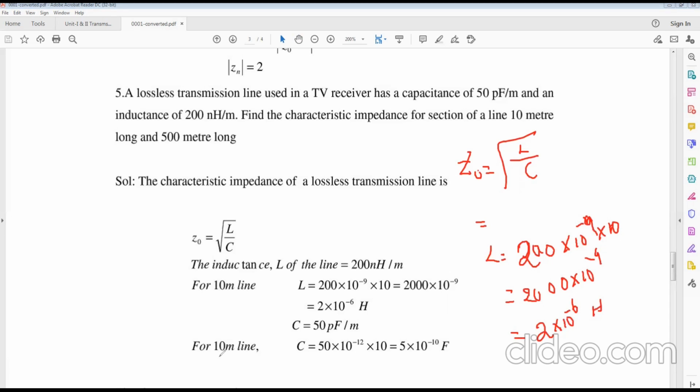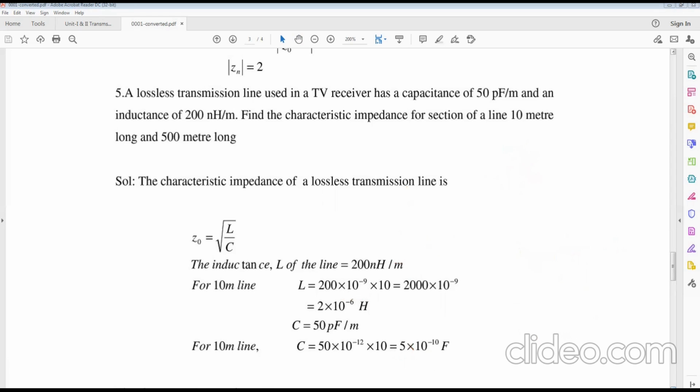And the capacitance also for the 10 meters line, we have 5 into 10 power of minus 10. Substitute these two values, 2 into 10 power of minus 6 and 5 into 10 power of minus 10. So 2 by 5 into 10 power 4. That is Z0 at 10 meters length.